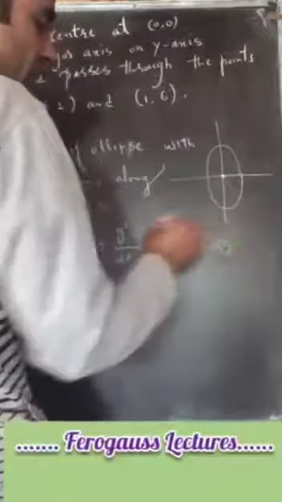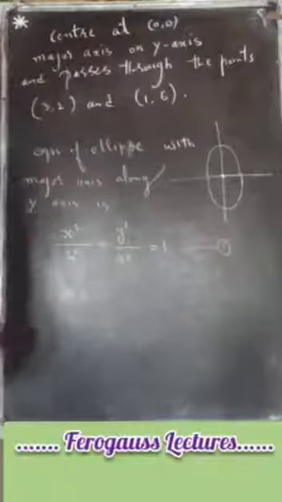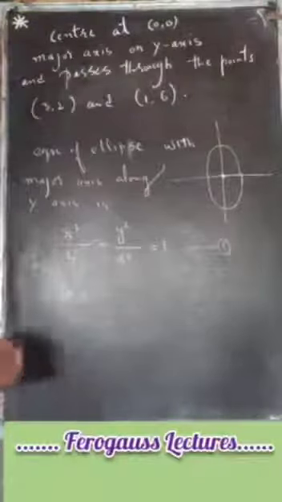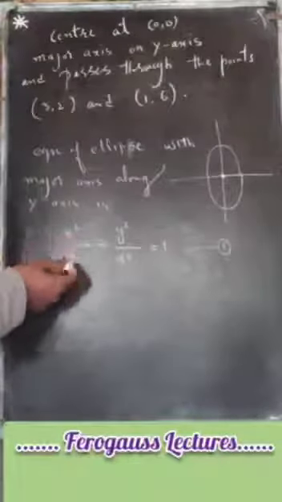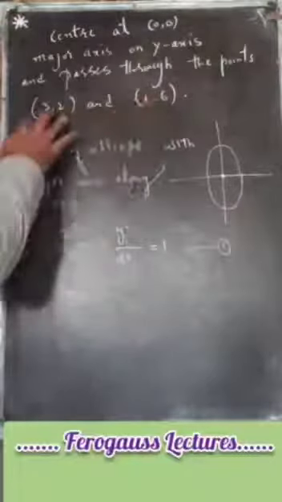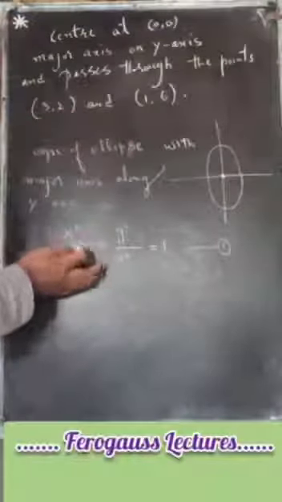We name this equation first. Now we have to find b and a. Since this ellipse passes through points (3, 2) and (1, 6), these points must satisfy its equation.